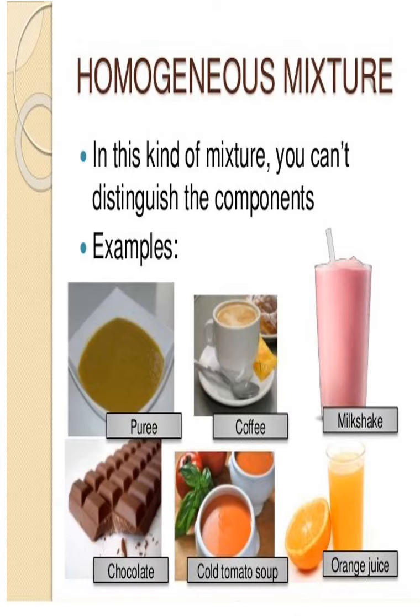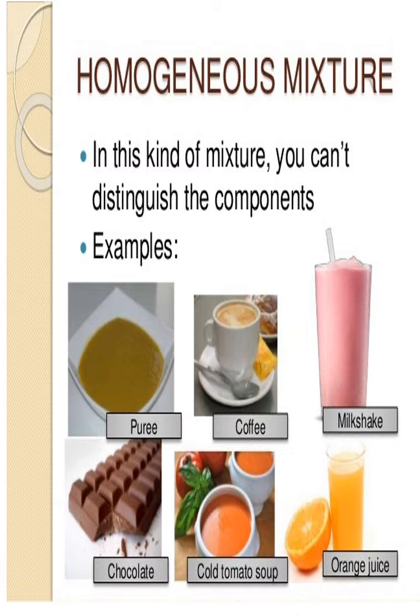Examples of homogeneous mixture. In this kind of mixture, you cannot distinguish the component. For example, when you make coffee, kapag nagtimpla kayo ng kape, kapag uminom kayo, natunaw na yung mga solute na nilagay mo doon sa kape.